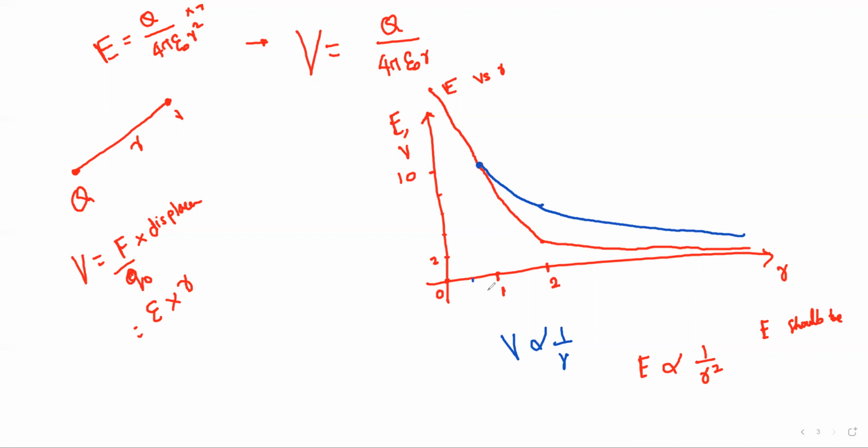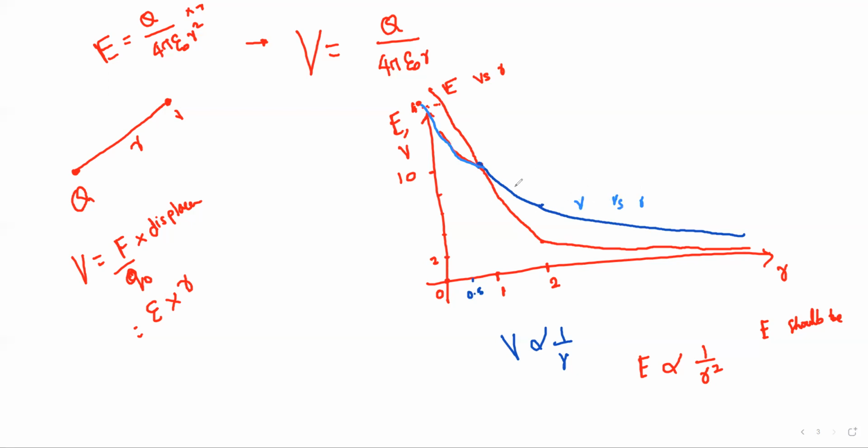If you decrease this to 0.5, E will go around 40, but V should go around 20 only. So this is the graph. Before 1, E dominates. After 1, V dominates. So this is V versus R.